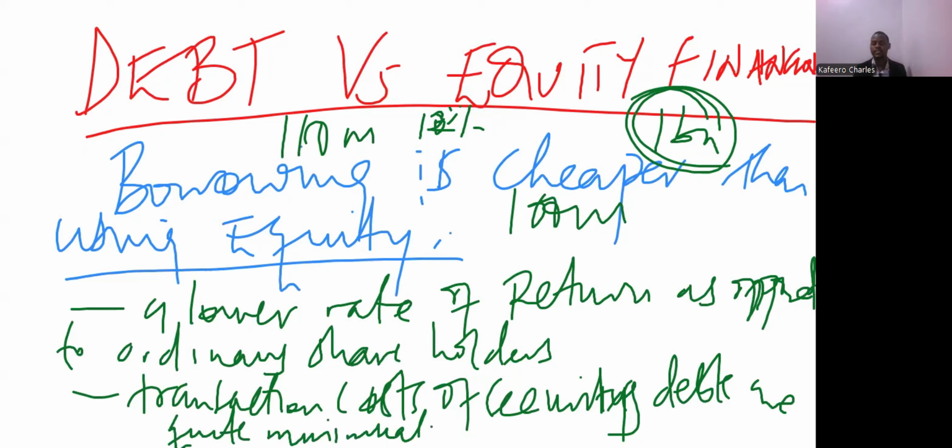They are minimal in a sense that if you go to acquire a loan, the banker will tell you that maybe we charge, let's say, 3% processing fee. And on top of the processing fee, we are going to charge you stamp duty of let's say 50,000 Uganda shillings. And on top of that, an application fee of let's say 20,000.